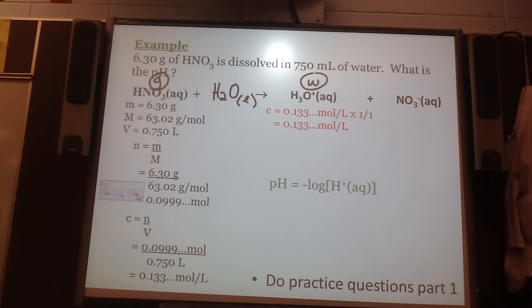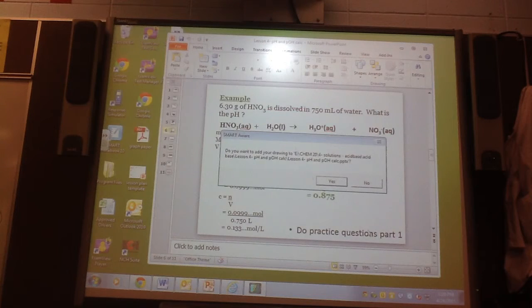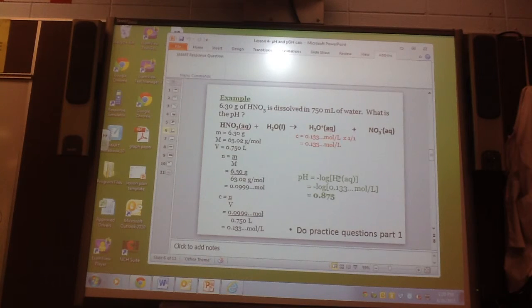Okay. Anyways, so now you're at the step where you can find the pH, which is very exciting because you've done several calculations. Oh, this should say H3O. Bad. Log of H3O+.